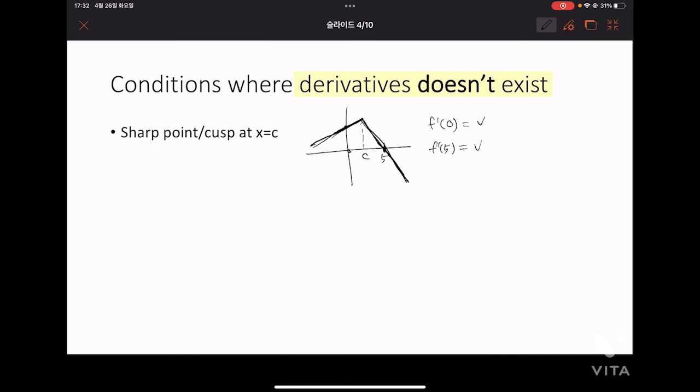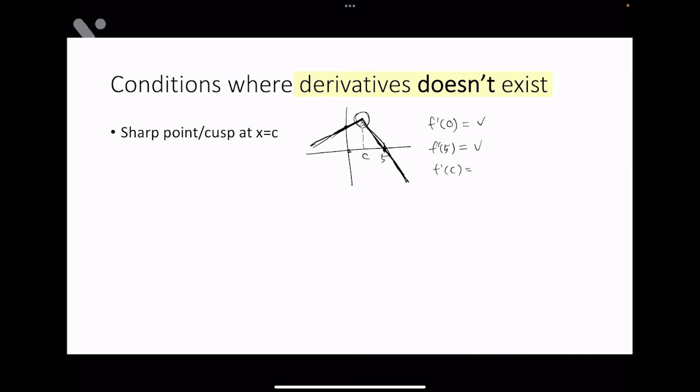You can calculate it, but at c, you can't. Why? Because I said that derivatives mean the rate of change at a point. But let's see, at this point, can we calculate the rate of change? No, right? That's why the derivative doesn't exist.